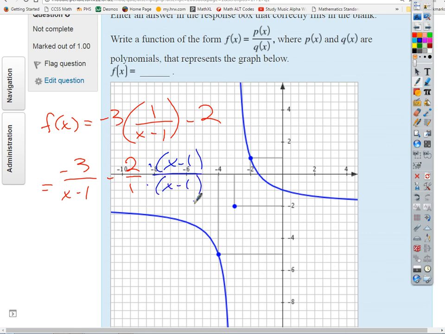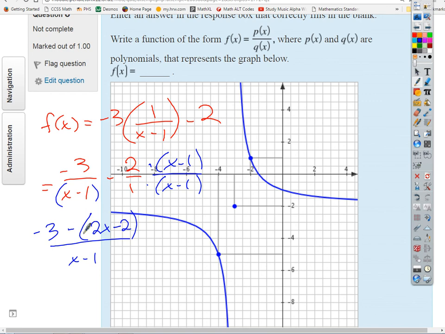So what's that going to give me then? I'm going to end up with a common denominator on the bottom of x minus 1. I've got an x minus 1 there, and I've got an x minus 1 there. And in the numerator, I'm going to get negative 3 minus, and then what do I get when I distribute? Minus the quantity 2x minus 2, right? Do you see how I got that? I'm just distributing, I'm subtracting, and then I'm just distributing the 2.